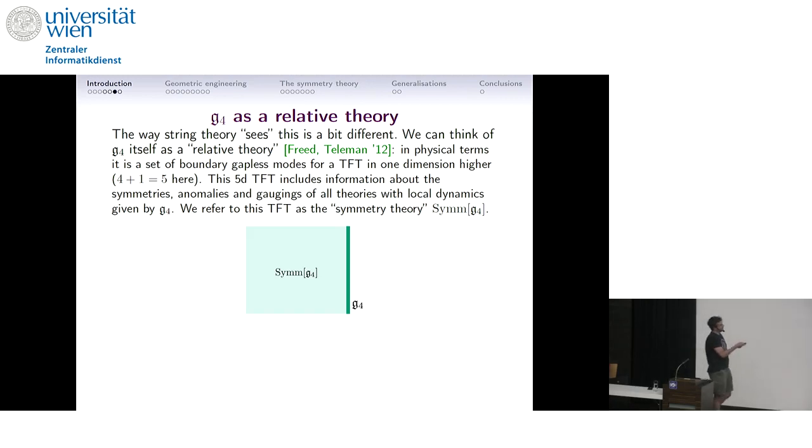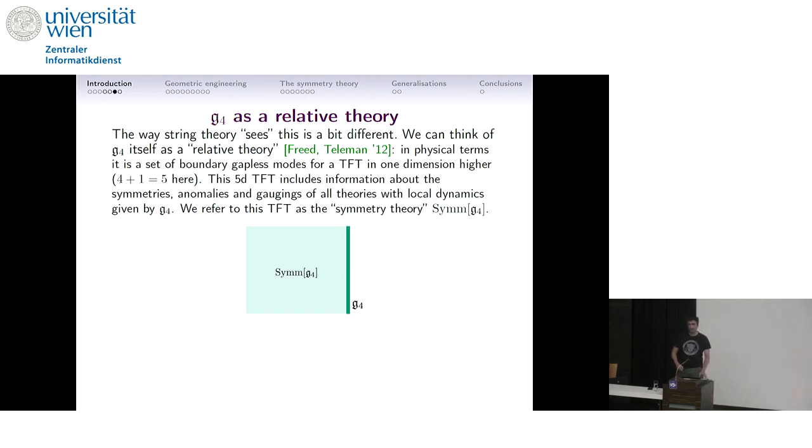The thing that attaches to your boundary degrees of freedom is what we call the symmetry TFT. So in this language of relative field theory, we'll say that G4 is relative to the SymTFT. This object here, even if it's gapped, so it's a fairly simple theory, includes information of the symmetries, the anomalies, and the gaugings of all the theories with this somewhat local dynamics.